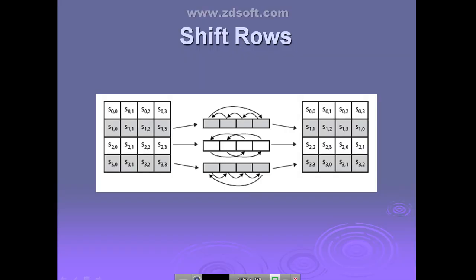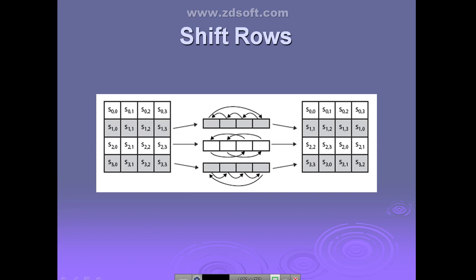See, shifting of the rows means they are circularly shifting. Here they are considering 4 rows. The first row is always unchanged. They are not going to do anything with respect to the first row. From the second row they are changing. See how each time they are just moving one byte: this byte is moving this side, a left circular shift.